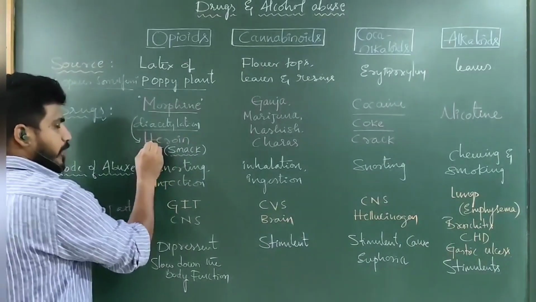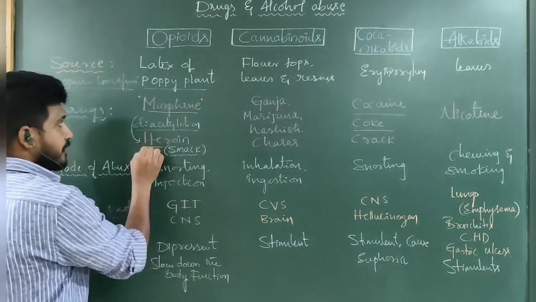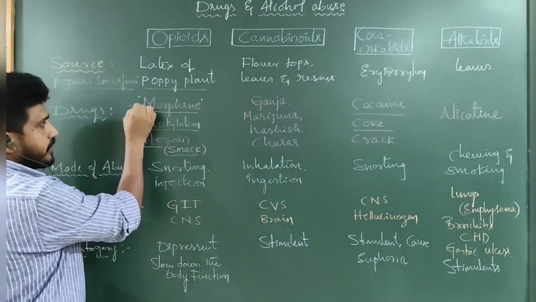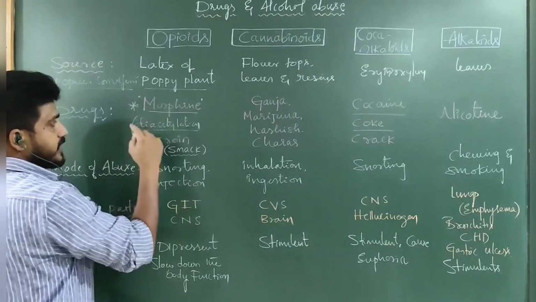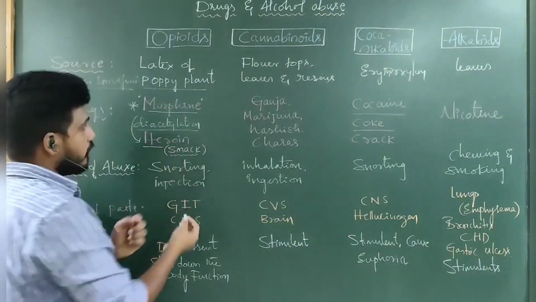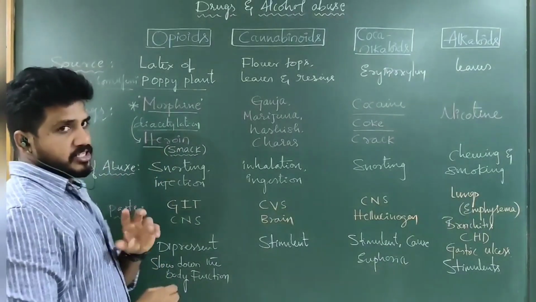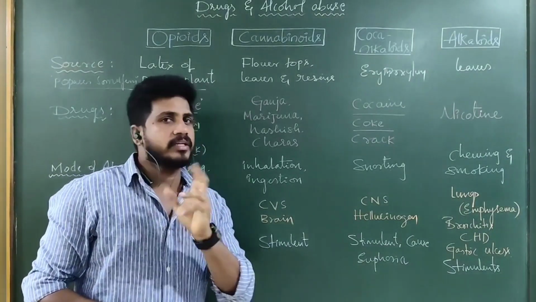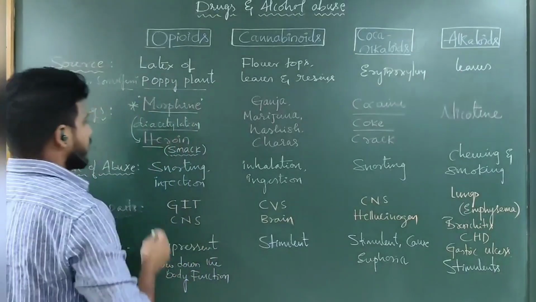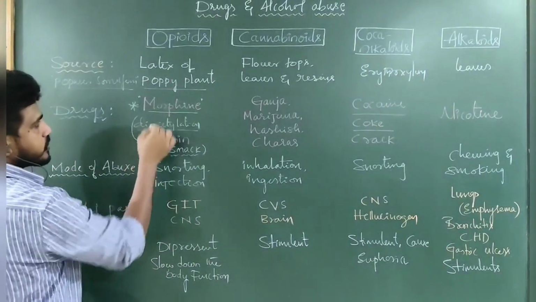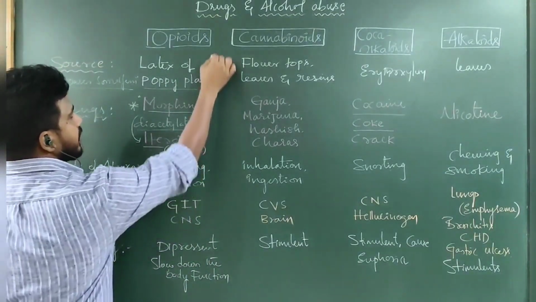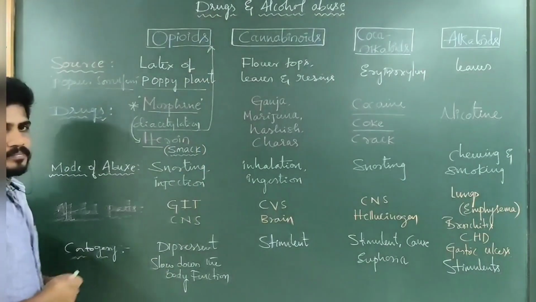So smack and heroin are the same, derived from morphine. It is the main drug. In diacetylation of morphine, two acetyl groups are added to the structure. In the NCERT book, they have given the structure, you can observe. So morphine and heroin, these two are drugs under the category of opioids.